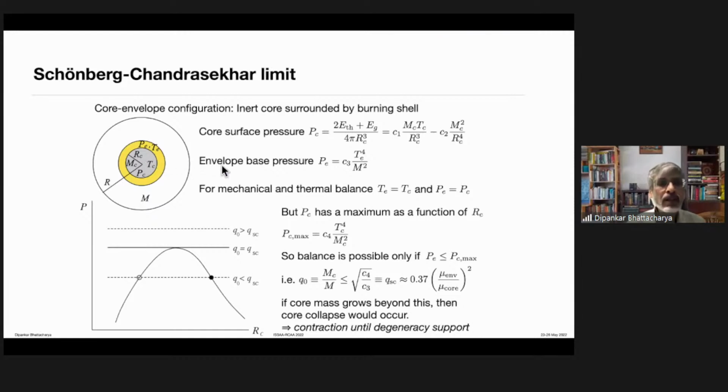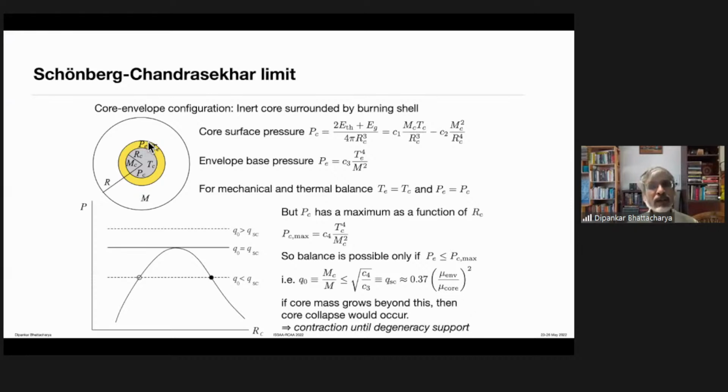So the star will make a rather quick transition from a thermally supported helium core to a degeneracy pressure supported helium core. And that will cause a big change in radius of the core and a large amount of gravitational energy being released, which will heat up the exterior of the star.